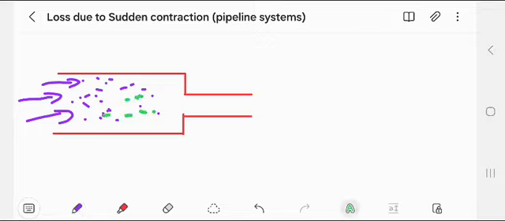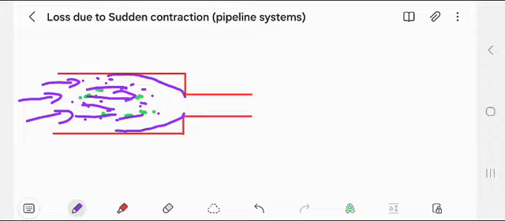See, these are the fluid particles. The fluid is flowing there as usual. Because of this construction, the fluid will form a shape resembling an orifice in reverse. There will be something like this nature forming eddies here.